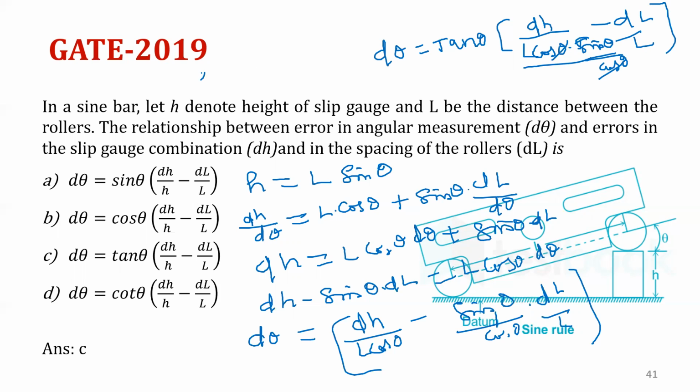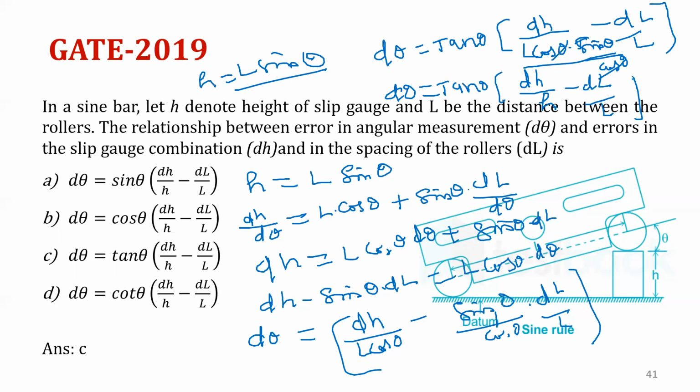But h is equal to L sine theta. Therefore, d theta is equal to tan theta into dh by h minus dl by L. So there is the relation between d theta and dh, dl.